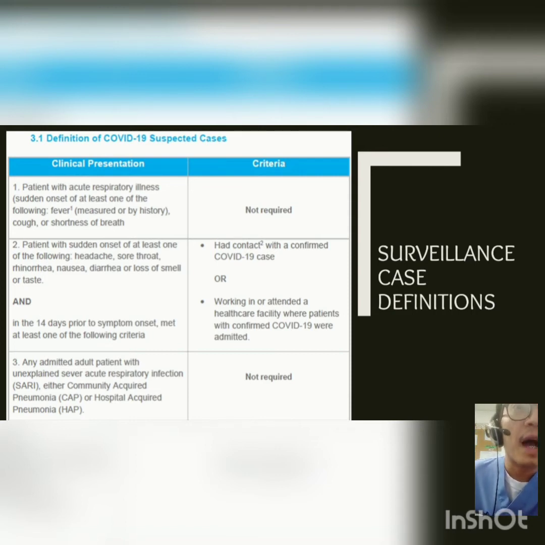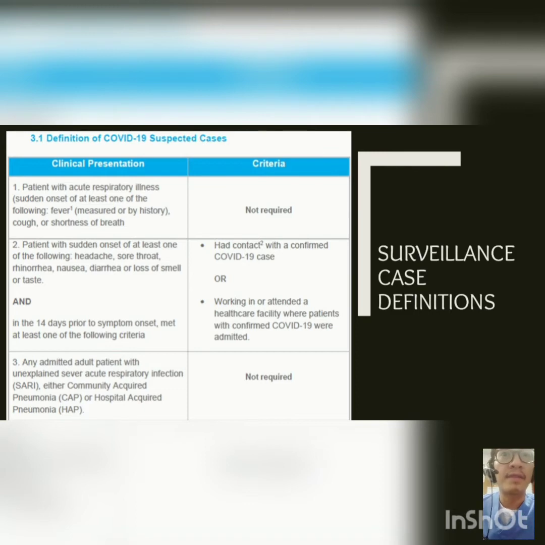First is, had contact with a confirmed COVID-19 case in the last 14 days prior to onset of the symptoms, or working in or attended a healthcare facility where patients with confirmed COVID-19 were admitted. So that is the second clinical presentation.